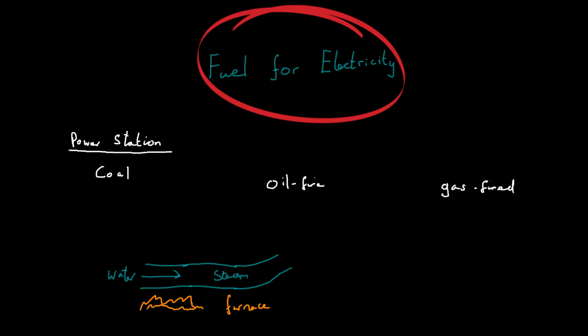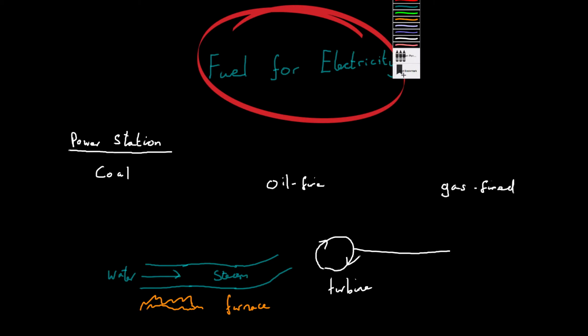Now, what that steam will do, because that steam is moving, it's going to turn what is known as a turbine. So a turbine. Let's just say that this wheel here is a turbine. The steam is going to run past this turbine and cause it to start spinning. So the turbine will start spinning, and that turbine is going to be linked to a generator.